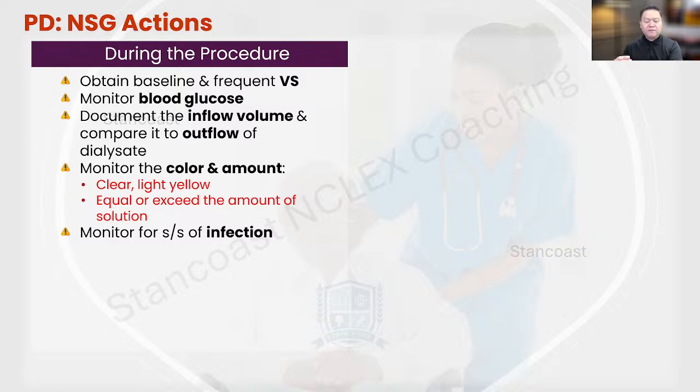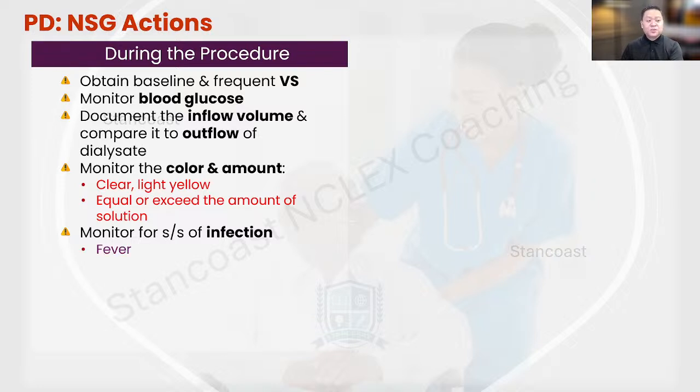Well, if you find that the patient now has elevation of temperature, there is cloudiness in the effluent, or the dialysate now has some bloody discoloration, a pink tinge, or is frothy, these are indications that there is an infection going on in their abdomen, and this is what we call peritonitis. Not fun.